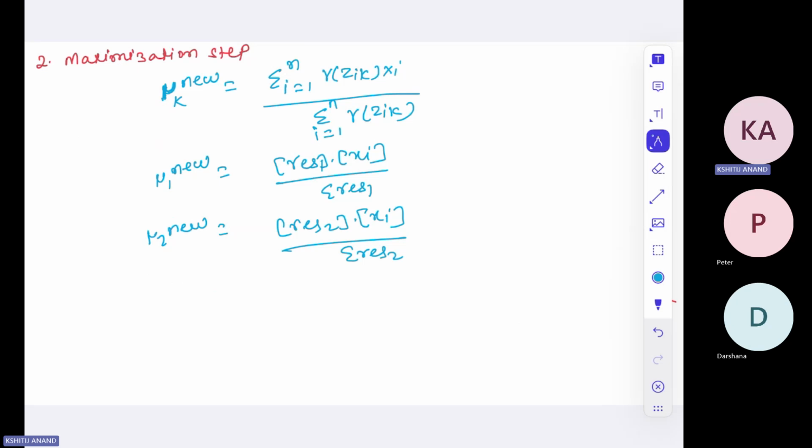Okay, so let me show it in the code, and then you will get to understand it. So this is where we are updating our means, right?